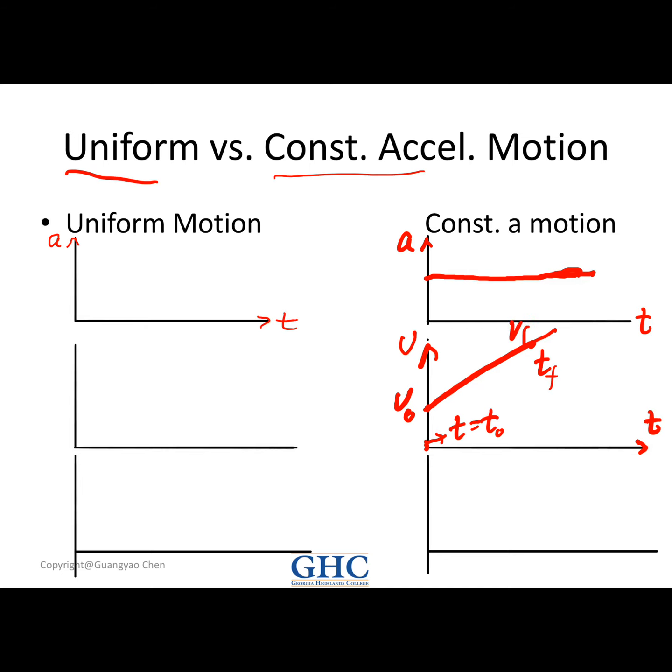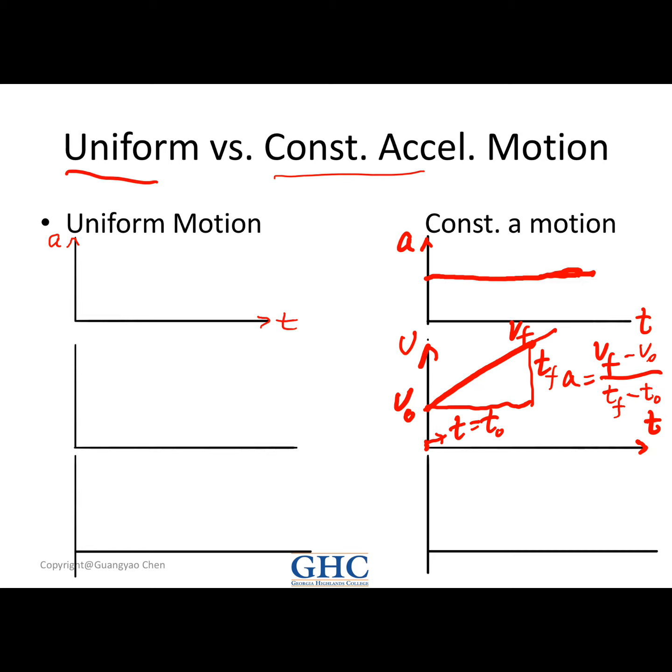This is your final velocity, and the slope will give you your acceleration, and your slope should be expressed as vf subtract the initial velocity over the time interval tf subtract t0.